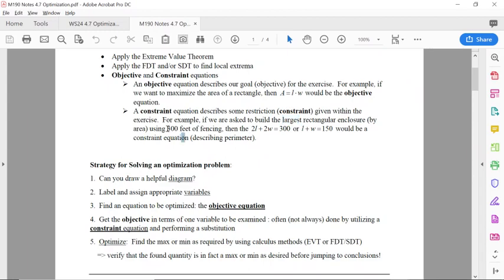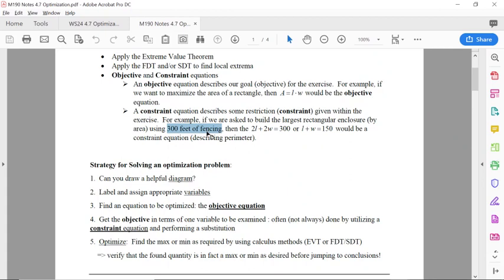Now we're going to need the use of the constraint. There are 300 feet of fencing available in order to rewrite our area equation in terms of just one variable. This is how we can do that. Well, 300 feet of fencing, that must be the perimeter of our rectangle. If we can visualize that, we draw our picture of the rectangle, this 300 feet of fencing must be the sum of the side lengths.